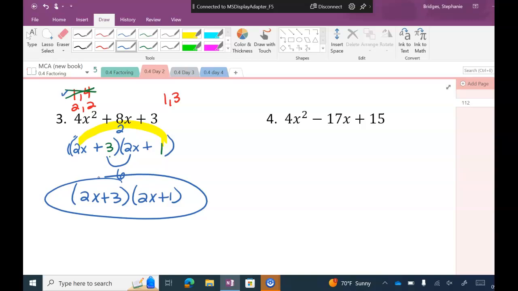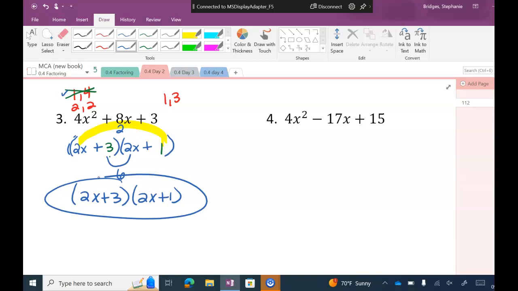Then I'm looking at factoring this. Numbers that multiply to give me 12 and add to give me 8. Same signs, both positive. Everybody following me so far?